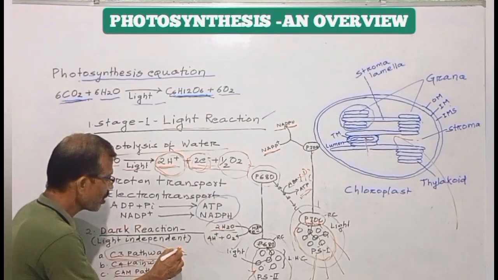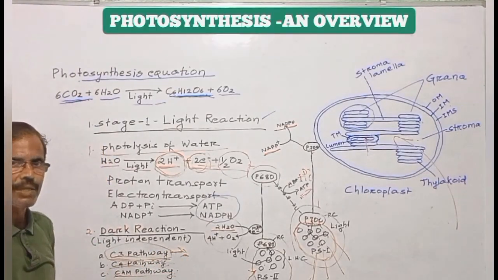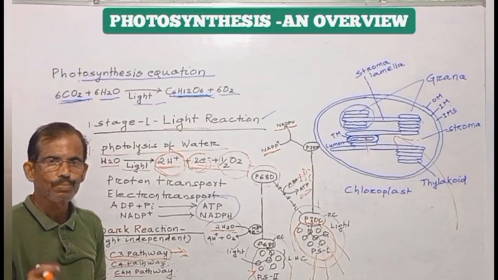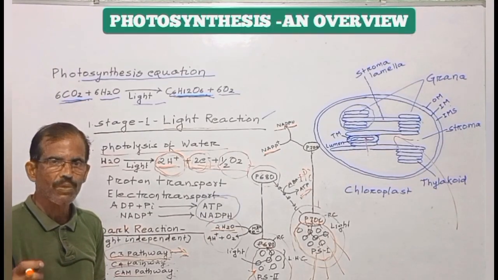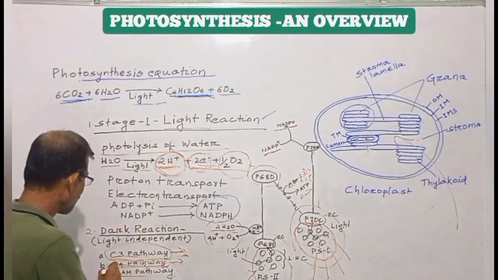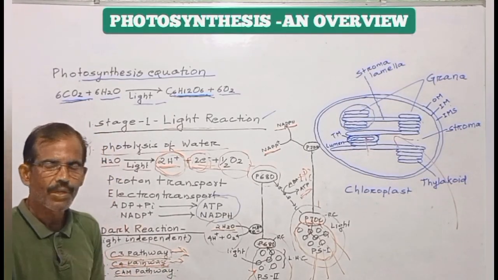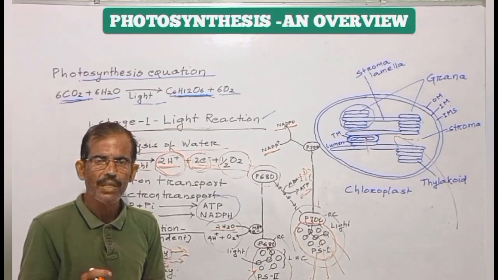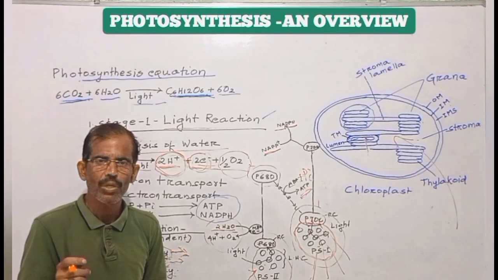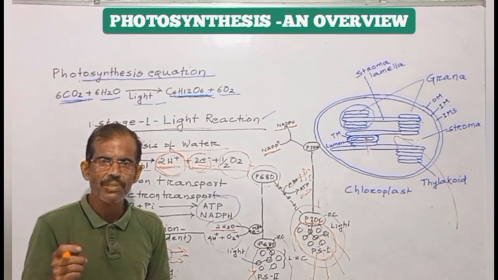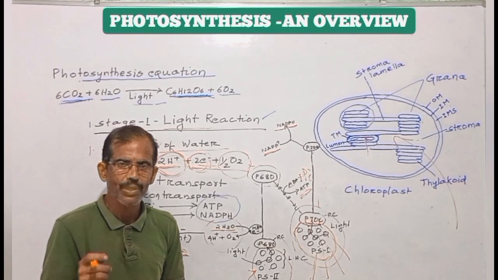In this pathway, one of the important enzymes is rubisco, also known as ribulose bisphosphate carboxylase oxygenase. Second pathway of dark reaction is C4 pathway, which is exhibited by certain plants such as maize, sugarcane and sorghum, in order to minimize water loss and photorespiration.